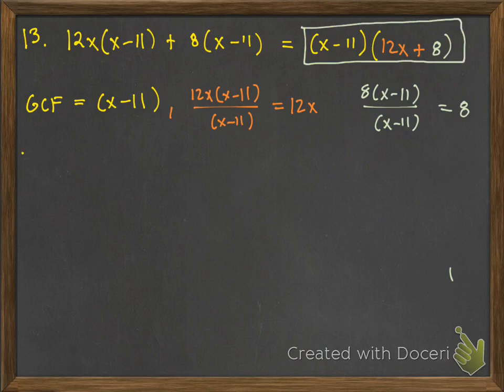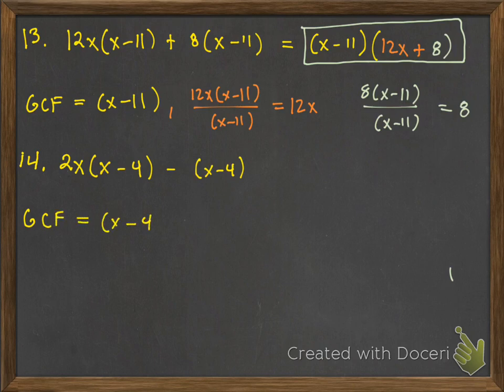We'll go ahead and look at another example here. It's number 14. We've got 2x times x minus 4, and then minus x minus 4. What they have in common is an x minus 4, so we're going to factor that out.